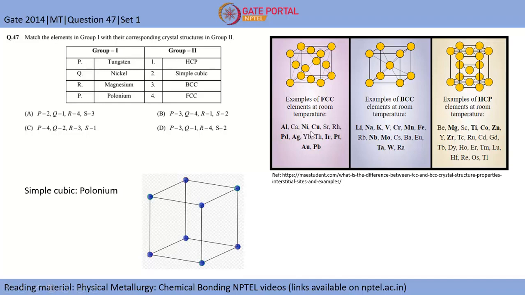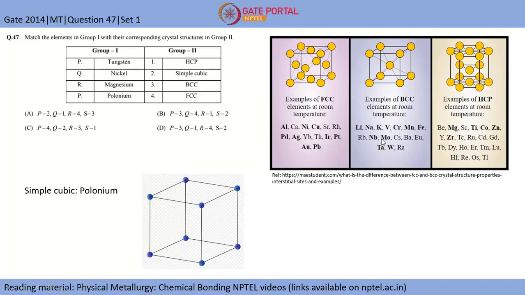The bold ones are the most common materials which are used. So in FCC you need to remember aluminium, nickel, copper, gold, platinum, lead. You need to remember this many elements that solidify in FCC crystal structure. Coming to BCC, one additional atom is present at the center of the unit cell.